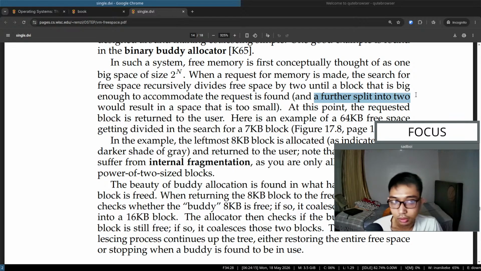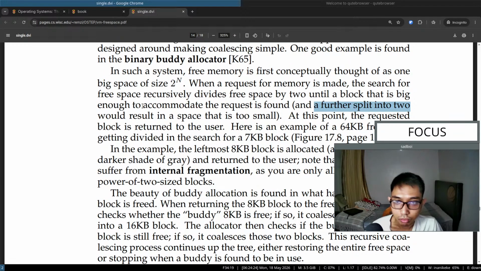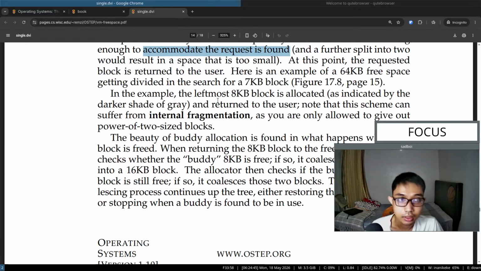Yeah, I'm still not sure about this. So maybe we only split the space until we find a space big enough to accommodate the request, and then stop there. Maybe something like that.